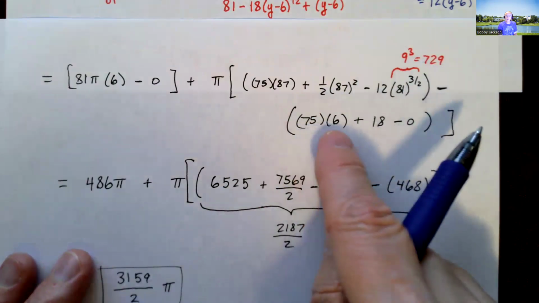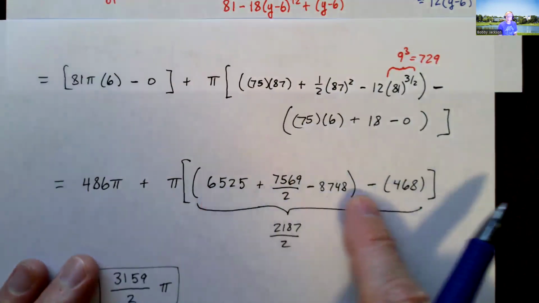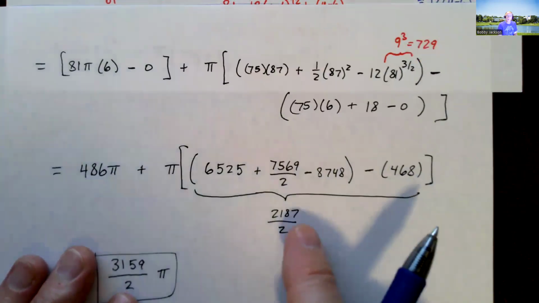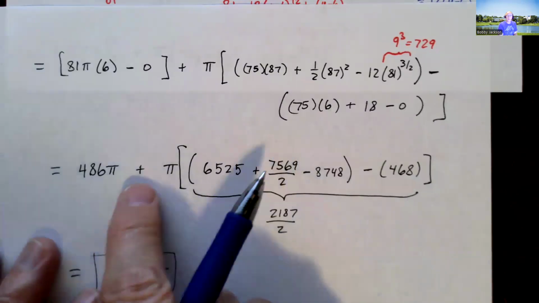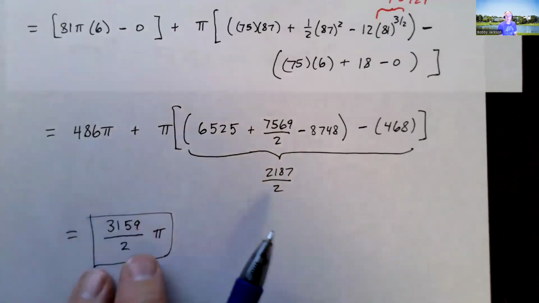Minus, well, 75 times 6 plus 18 is 468. And then using your calculator, you can compute this to 2,187 halves. So all that work, this is 2,187 halves pi plus 486 pi. If you add those two together, you get 3,159 halves pi.